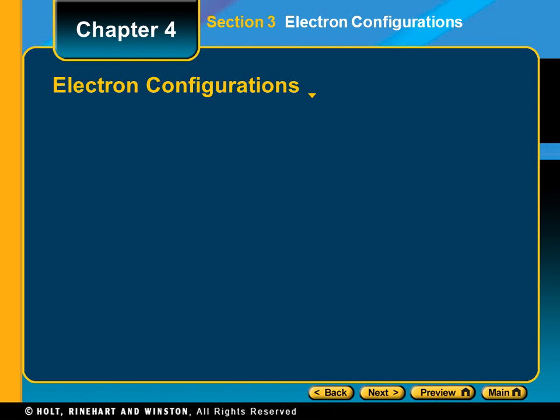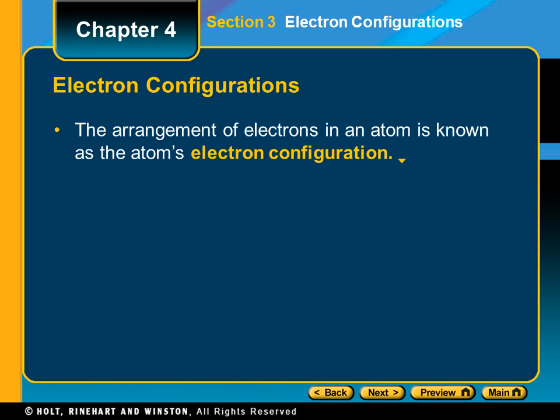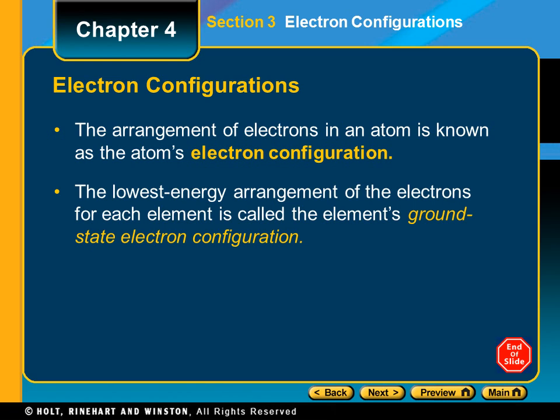Describe the electron configuration for atoms of any element using orbital notation, electron configuration notation, and, when appropriate, noble gas notation. So electron configurations. What this has now got us to, with everything we've already talked about, is that we can describe the configuration of electrons in any atom. The arrangement of electrons in an atom is known as the atom's electron configuration.